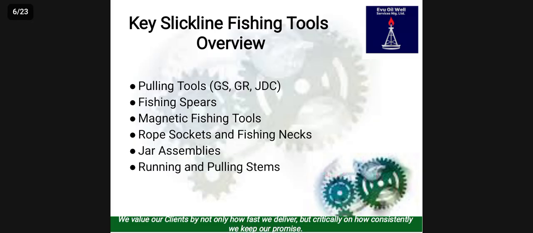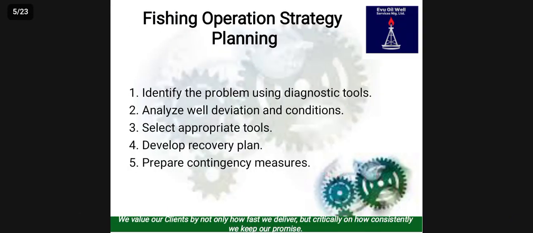Fishing operation strategy and planning. Before you fish, you plan, or the well will teach you humility. There is a 5-step strategy in the planning phase. Number 1 on the list is to diagnose the problem. Identify what the problem is. 2, analyze well deviation and well conditions.